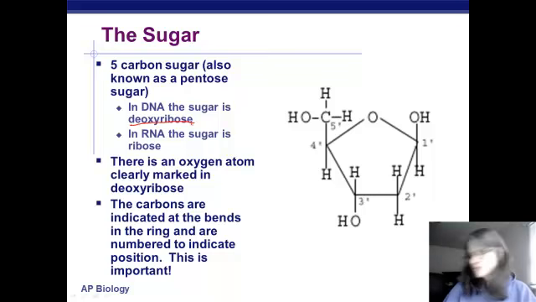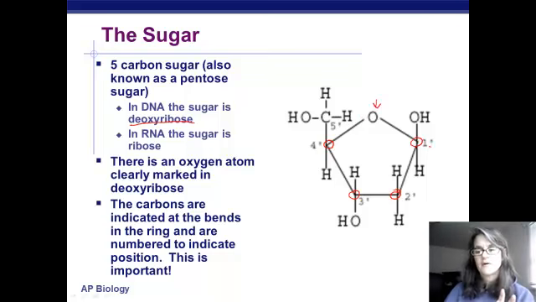And you need to understand just how the molecule is structured in diagrams. Usually you see this ring shape, and at every bend it is just understood there is a carbon there. So we start at this oxygen atom, and by convention the carbons are numbered. So we start here and we go clockwise to the first carbon.